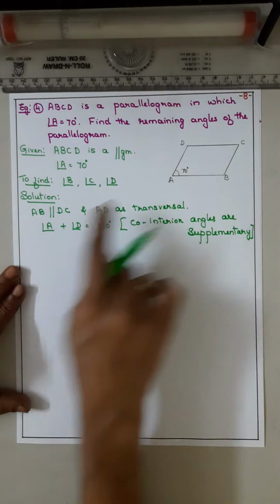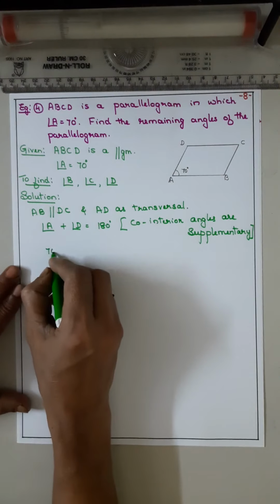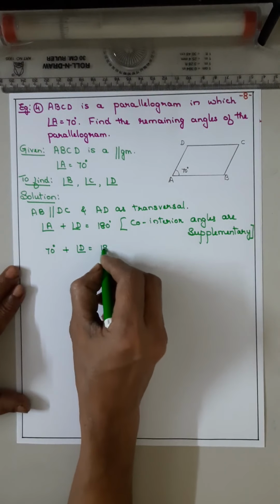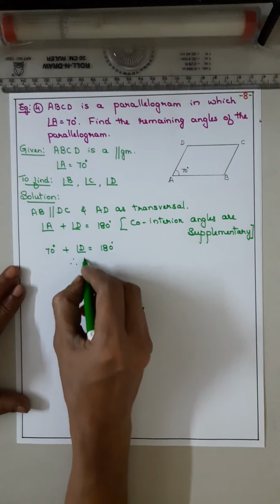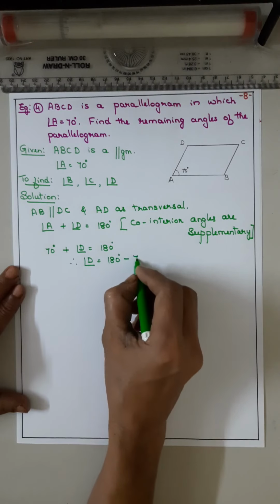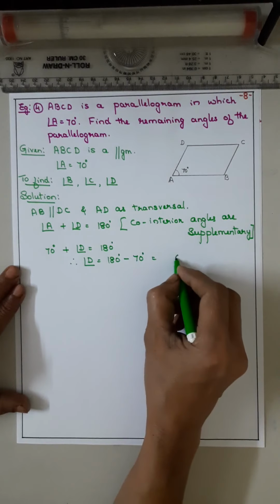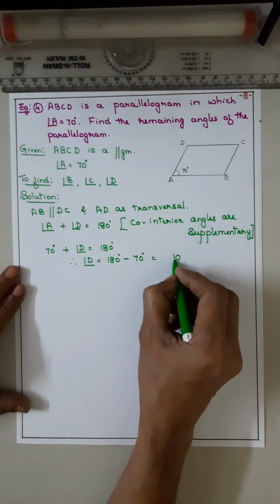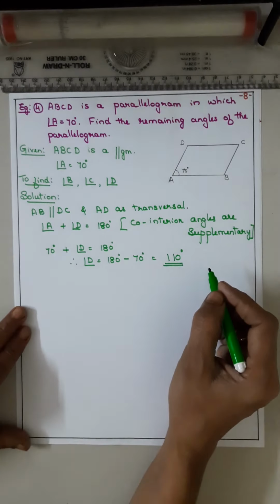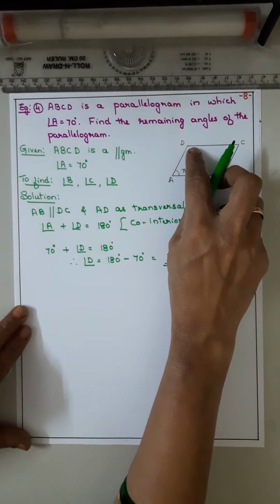Okay, now angle A, how much is given? 70 degrees plus angle D is equal to 180. Therefore, angle D is equal to 180 minus 70. So you got 110 degrees for angle D.